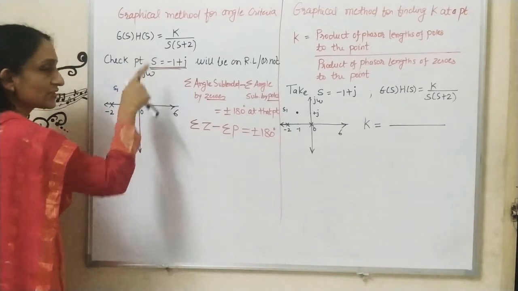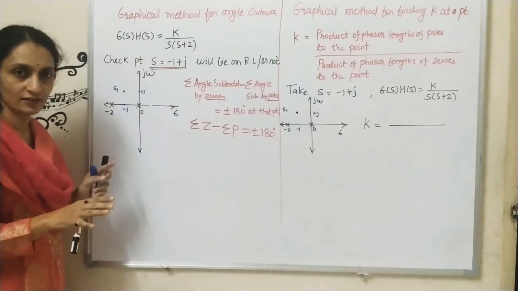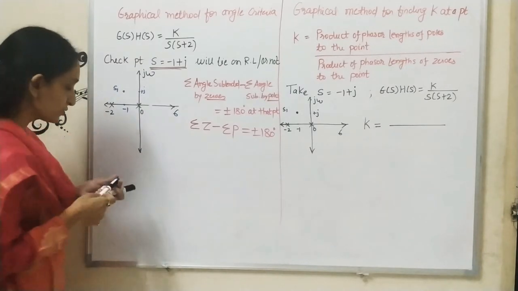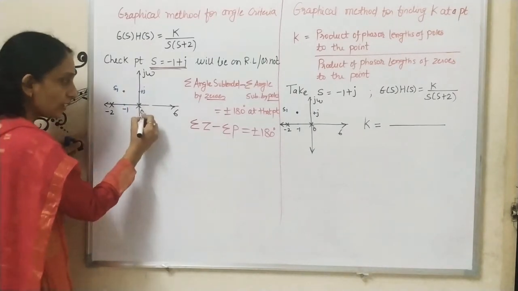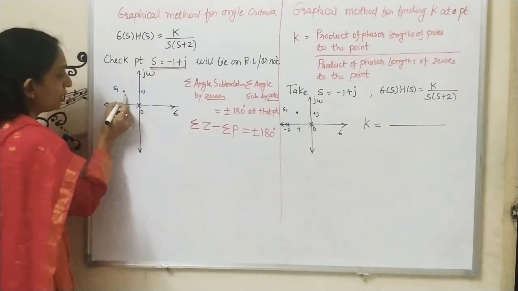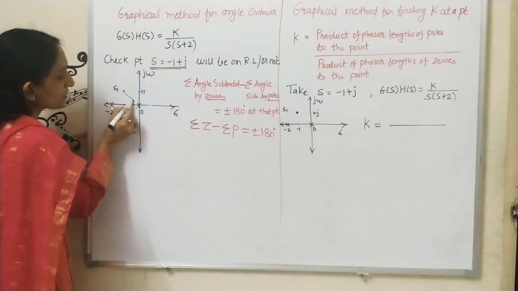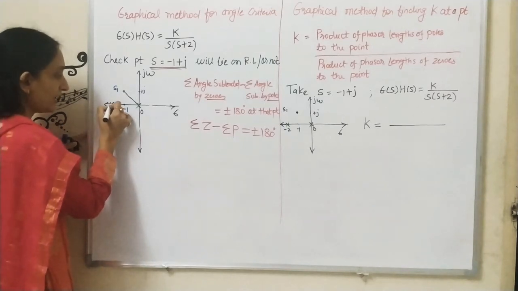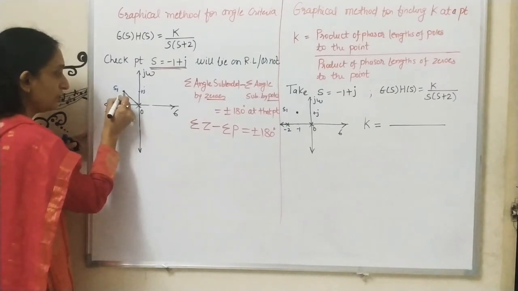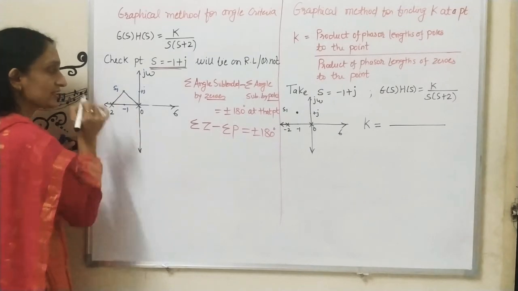In this transfer function no zeros are there, only poles. So I will join the pole at s is equal to 0 with this point s1, and then I am joining the second pole with the point s1.